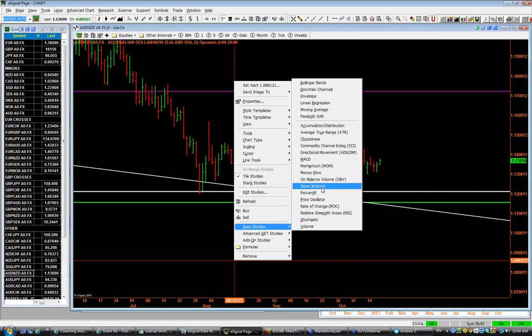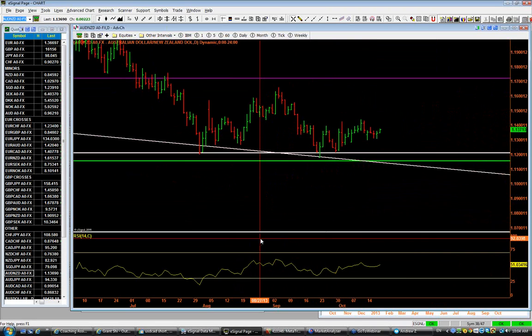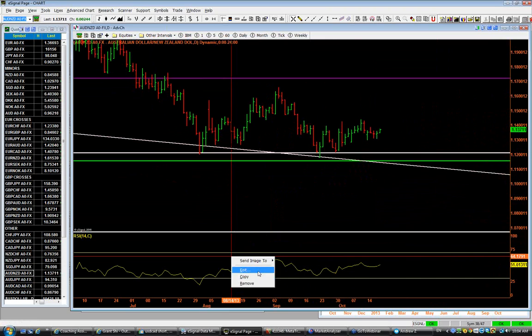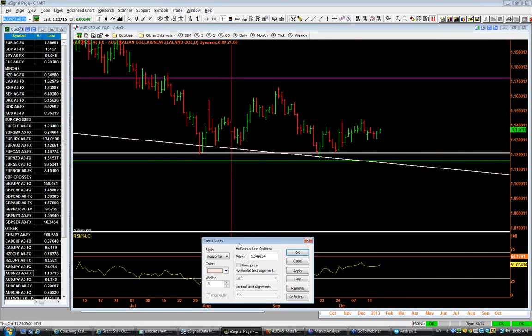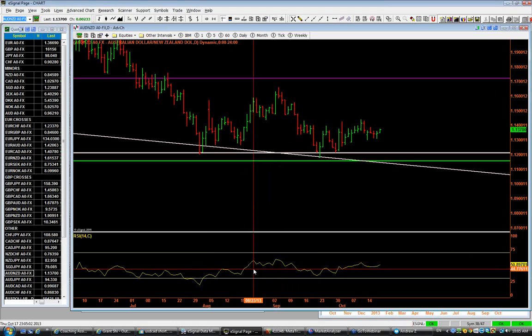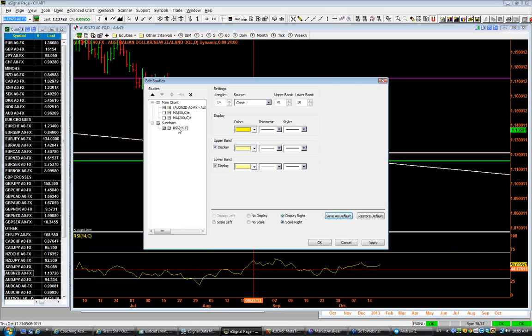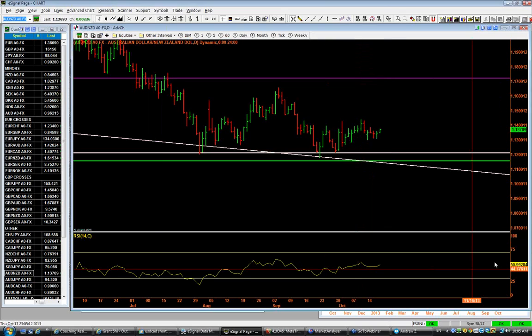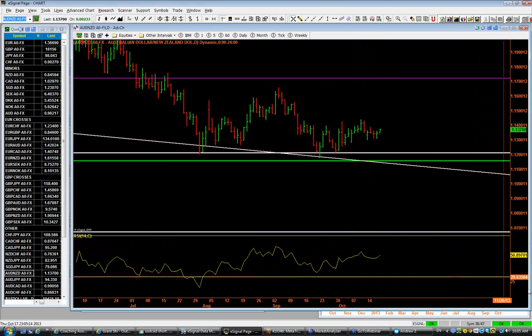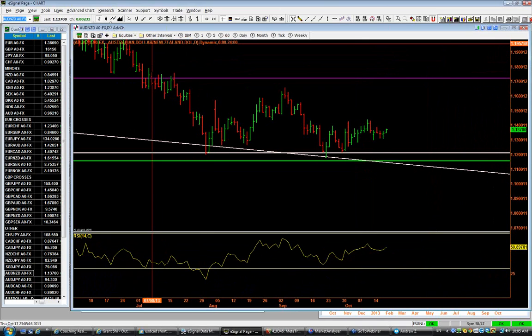Let's go to the RSI. RSI, we normally set as 6. So we can see the divergence here.